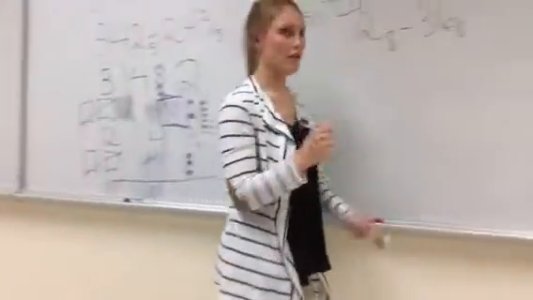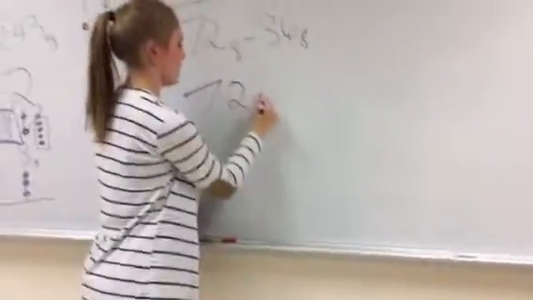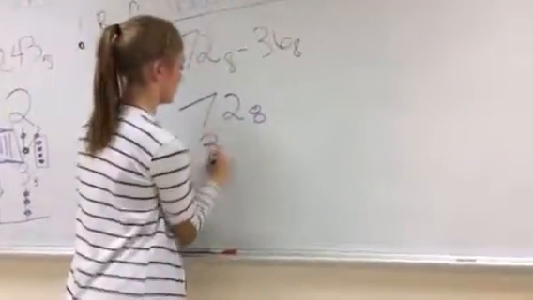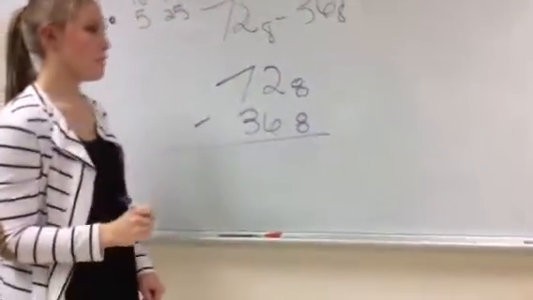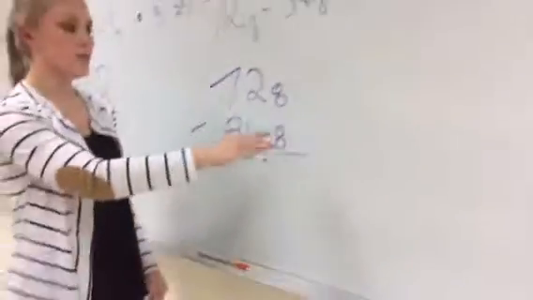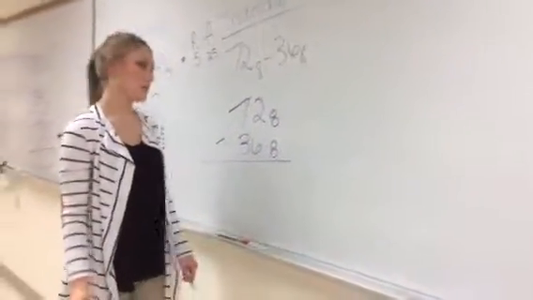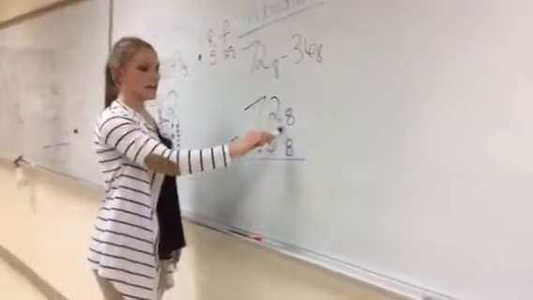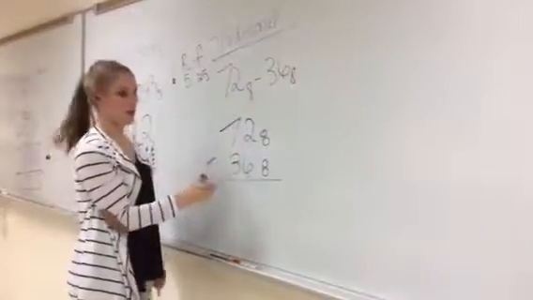For a traditional algorithm, we're going to come over here and do 72 in base 8 minus 36 in base 8. We know that you can only go to the number 8 with it being in base 8, so that's something to keep in mind. While doing this, we are going to have to borrow from our 8s place value again.